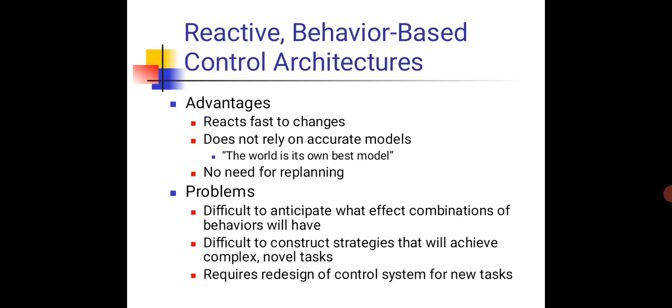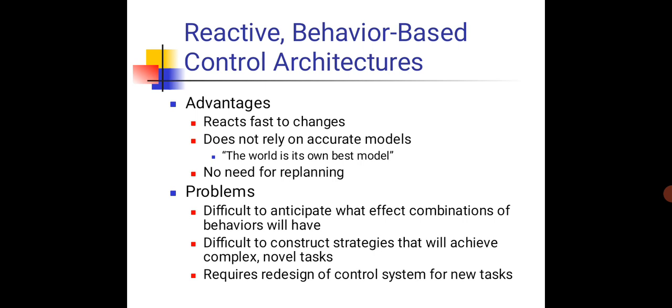This reactive behavior based control architecture has its own advantages and problems. Its reactions are fast to changes, and it does not rely on accurate models. The world is its own best model, so there is no need for replanning.